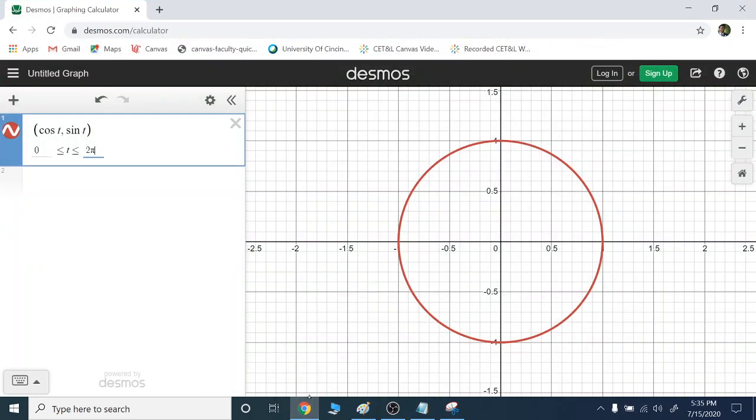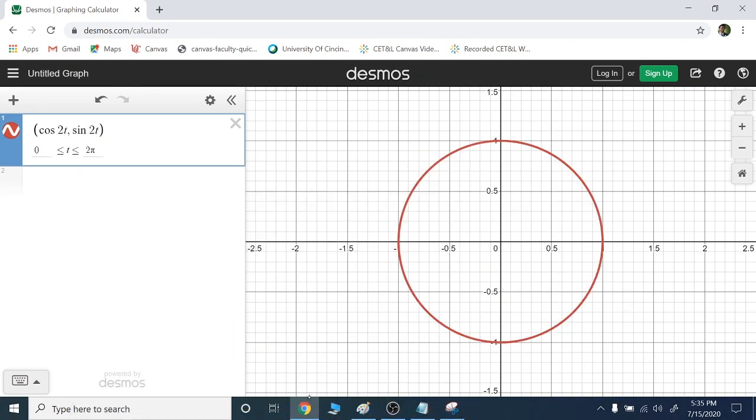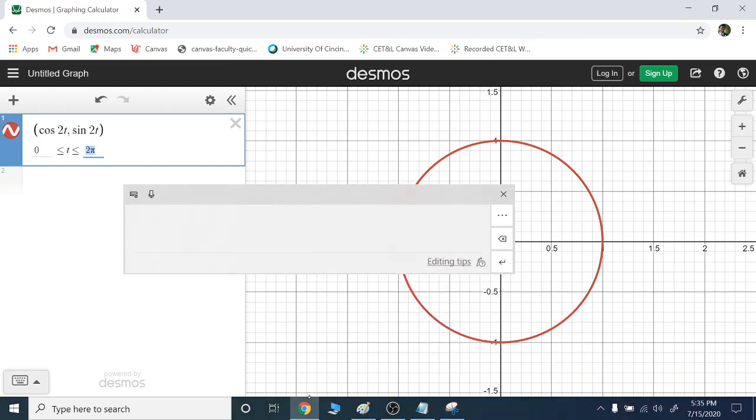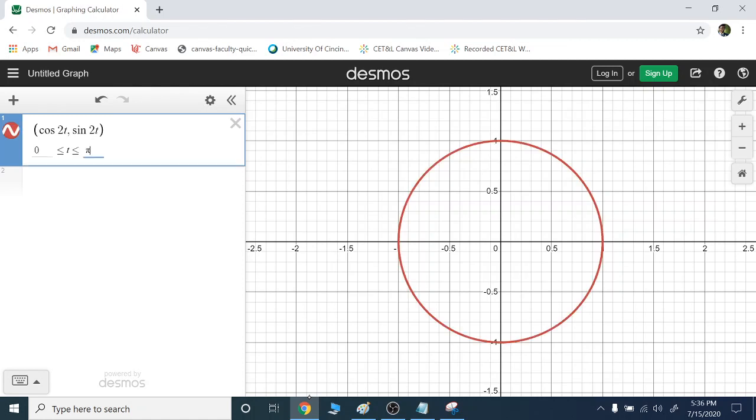Now see here, if we choose 2t as the parametric representation, if it is pi divided by 2, it will complete a half circle, right? So if it is pi, it will complete the full circle.